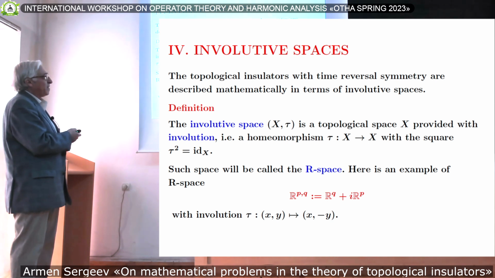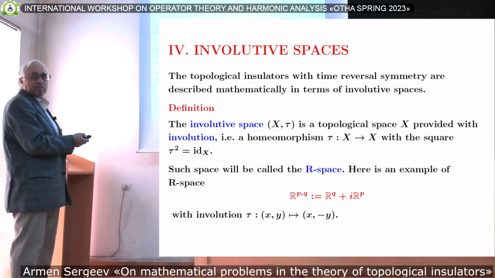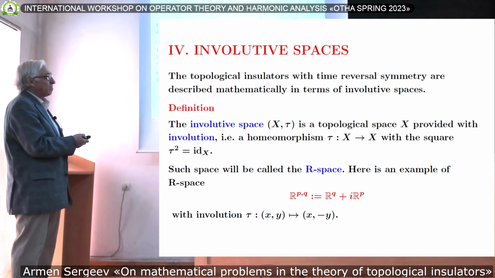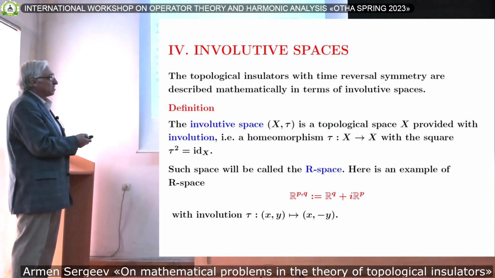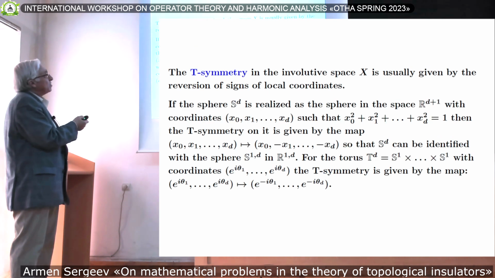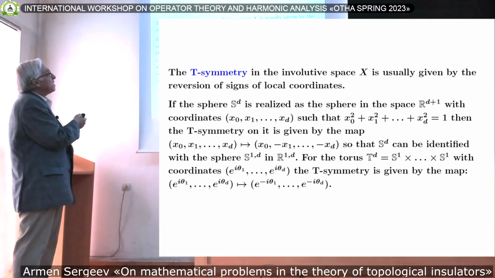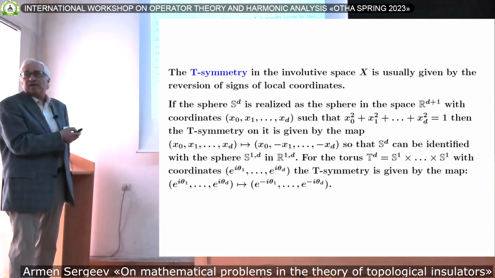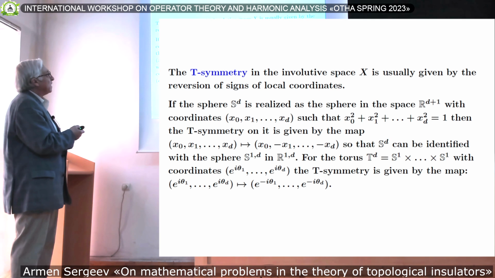Here is an example of an R space. Looking a little bit like a complex space, but this is not a complex space. This is R^{p,q} = R^q + iR^p. The involution is acting in the following way: (x, y) goes to (x, -y). In fact, this T symmetry in an involutive space is usually given by reversion of the signs of local coordinates. That's the usual thing.